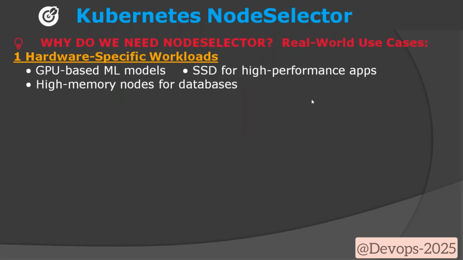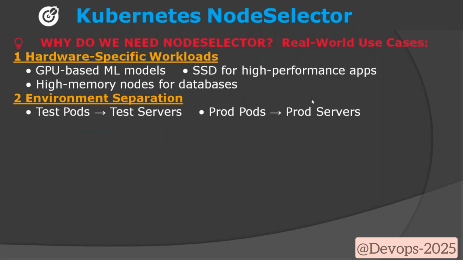Coming to the next scenario, environment separation. You have dedicated test servers and production servers in the same cluster. You want to ensure test pods never run on the production server, and production pods never run on the test server. In this scenario, using NodeSelector, you can label the test and production servers, update it in the YAML file, and schedule the pods accordingly.